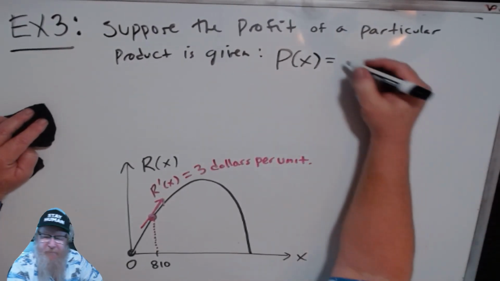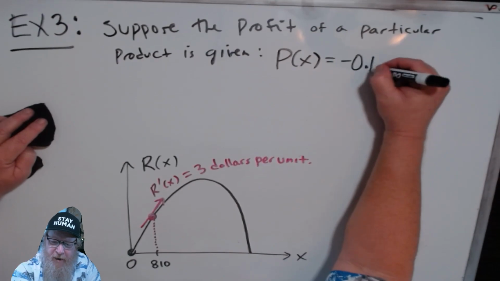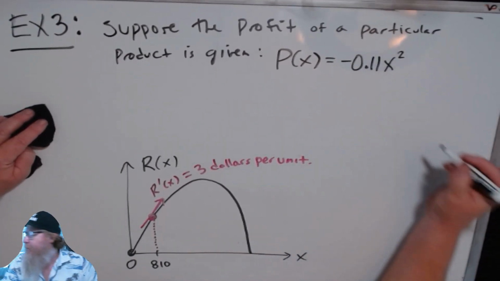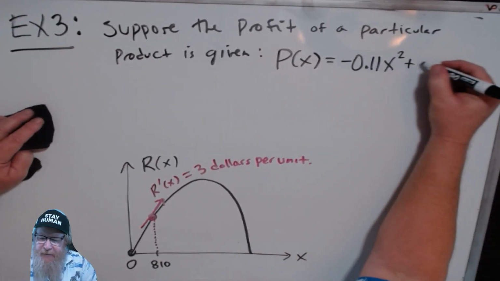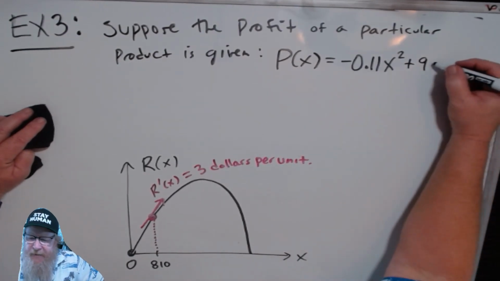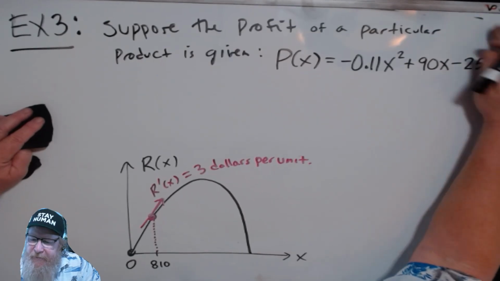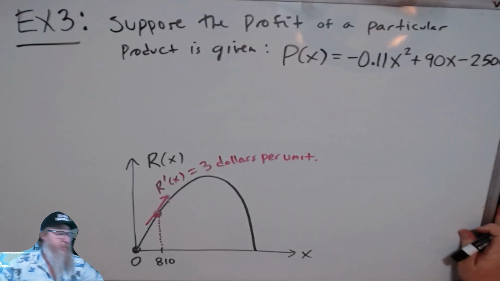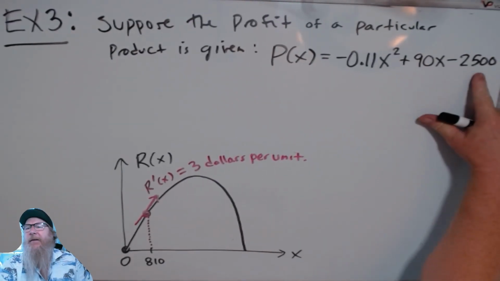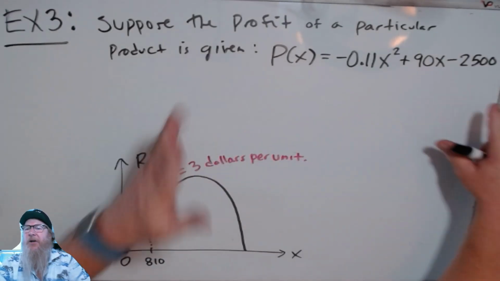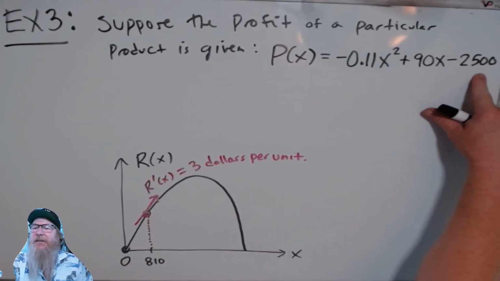You'll notice the key difference between profit and revenue is that profit has a constant term that's always negative. Revenue only has the first two terms. Profit has this constant term that's negative.